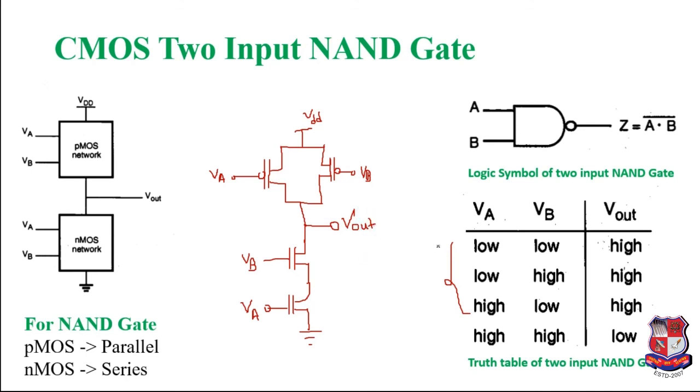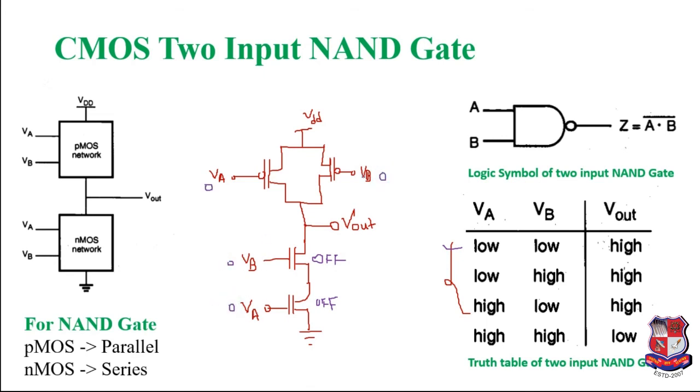Now let's verify our truth table for different input conditions. Let's say we have both inputs as logic 0. That means this VA and VB are 0. If VA and VB are 0, the NMOS transistors will be turned off and open circuited. That means there is no path from output to ground.